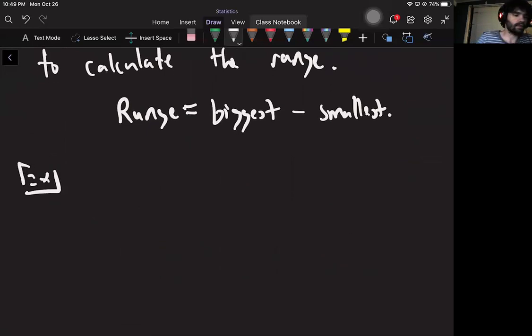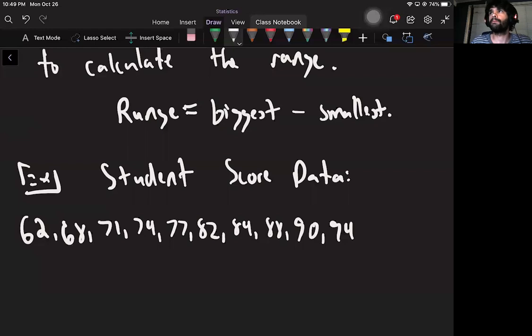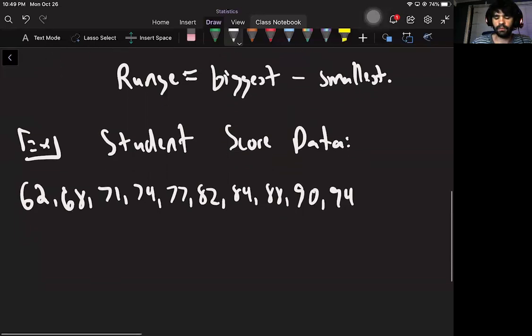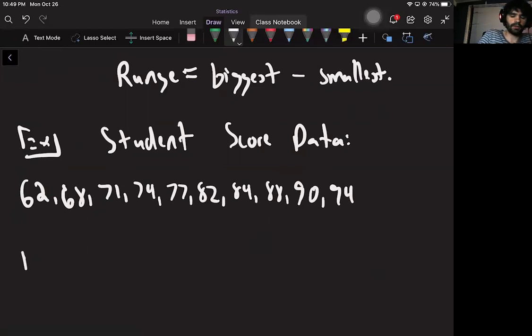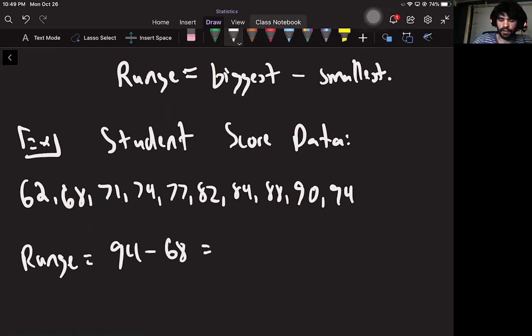So just for practice, here's that data from the previous lecture. So I'm going to write it and it magically appeared again. So there it is. And let's calculate the range. So you literally just take the biggest number minus the smallest number, and in this case you get 32.